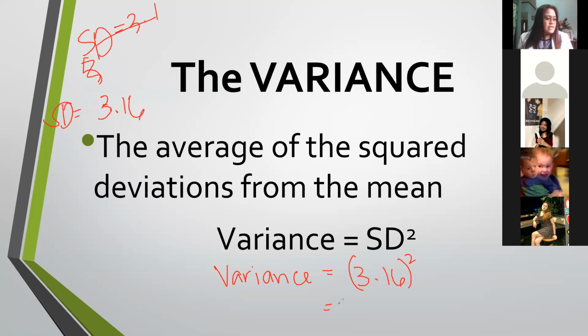Therefore, the variance here, what is 3.16 squared? This is like 9.99. I-round off na lang nato siya sa 2 decimal places. This is 9.99. Okay. So this will be our variance.